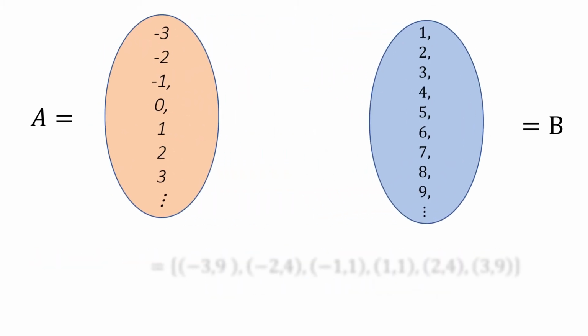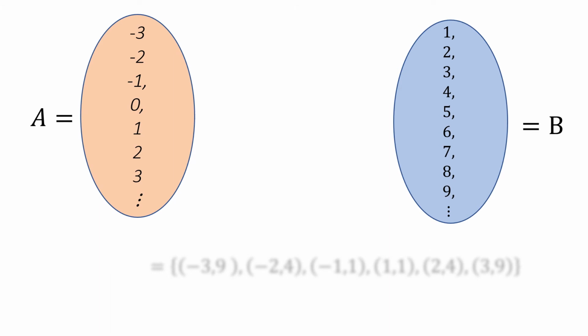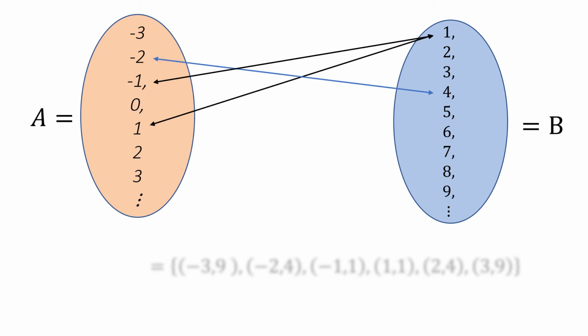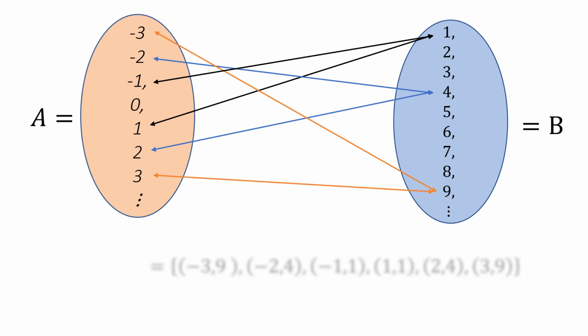Now, if we interchange the sets and take set A as the set of integers and set B as the set of natural numbers, and we do pairing such that the second element is the square of the first element, therefore we pair minus 1 to 1, 1 to 1, minus 2 to 4 and 2 to 4, and we pair minus 3 to 9 and 3 to 9.